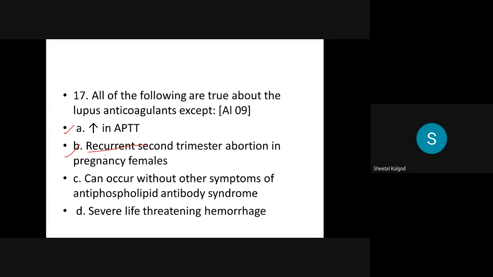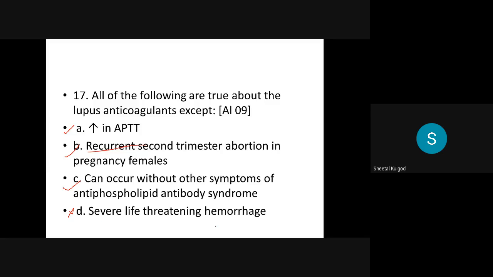So again, this is part of the presence of lupus anticoagulants. Now, it can occur without other symptoms of antiphospholipid antibody syndrome? Yes or no? Yes, ma'am. So all three options are correct. What is wrong, or not present in lupus anticoagulant, is a severe life-threatening hemorrhage.